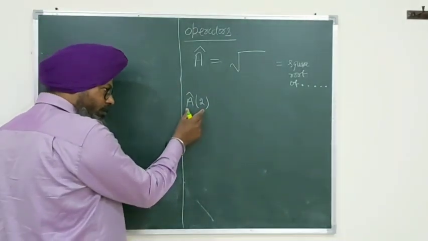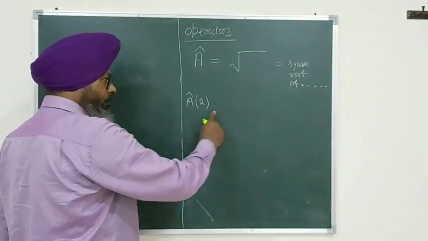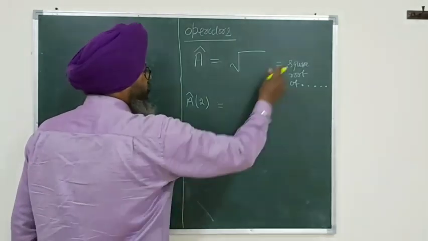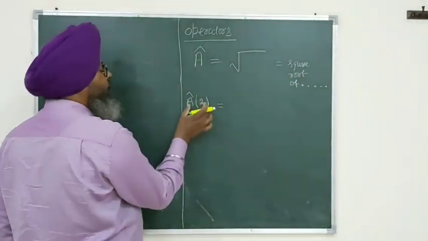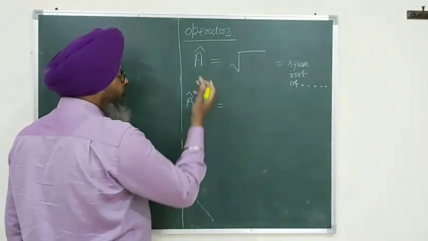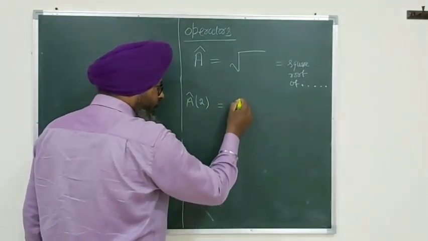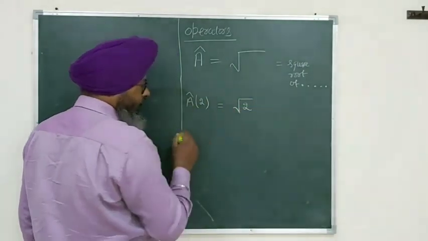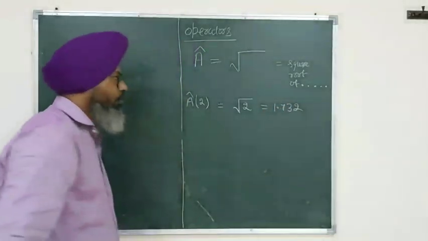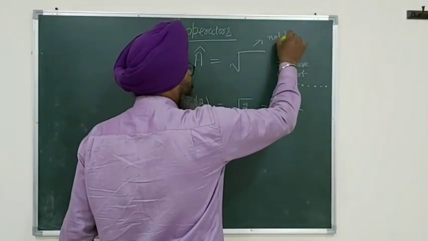Actually, you must read it as A cap of 2. This 'of' comes from here. A cap of 2. Now, if we remember this statement, when expanded, instead of 2, I would take it 2, then this will become square root of 2, and the answer will be 1.732. Now look, operator in itself has no significance.